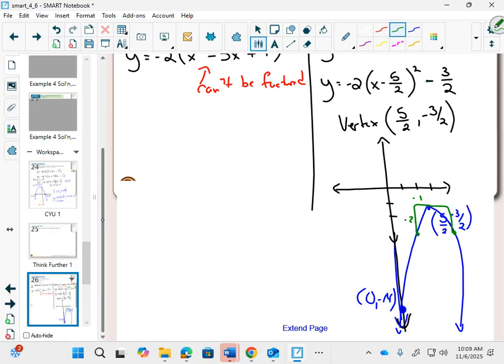You could find the second point that way. But you see that that's a little bit awkward in this one because of the fractions, but it's doable as well. So when we graph a parabola, we'll always have to show where the vertex is and one other point.